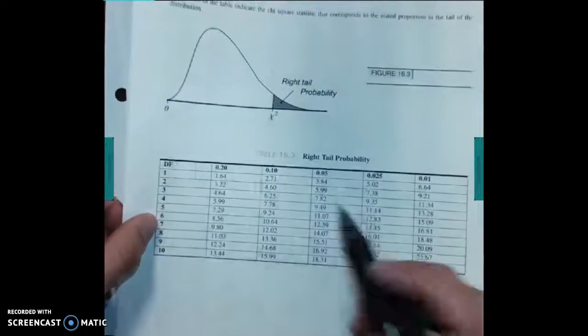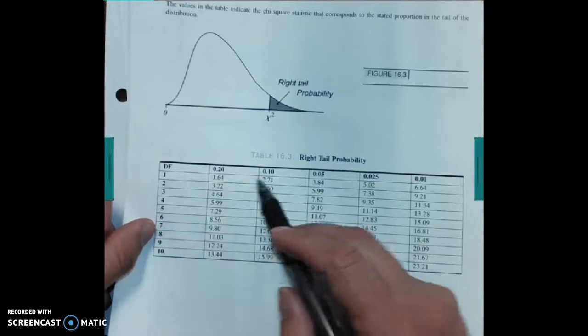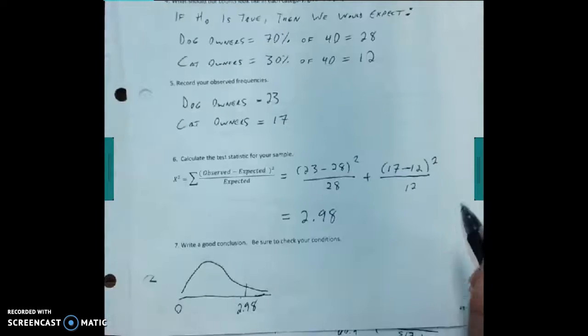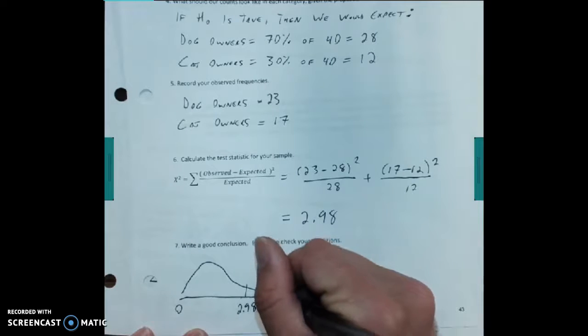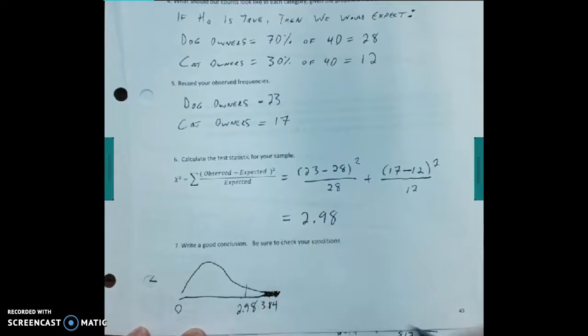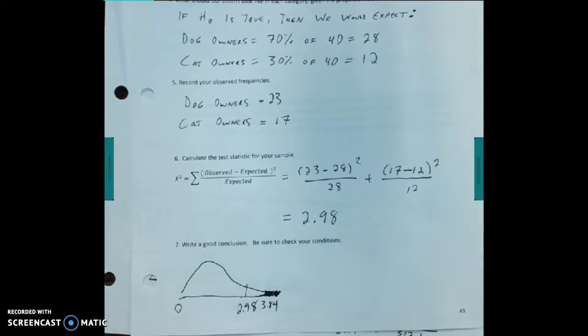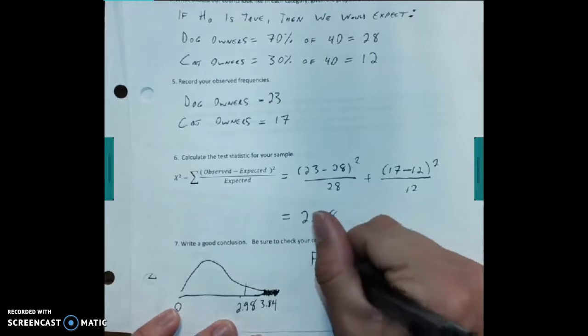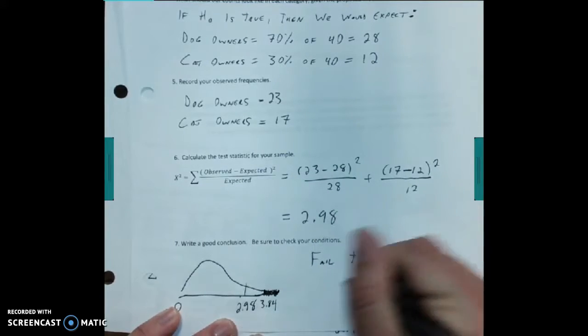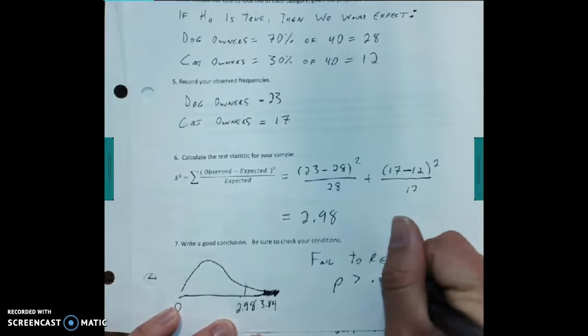Well, we said we had 1 degree of freedom, and we're always going to assume 0.05 unless we're told otherwise. So my critical value is 3.84, which is over here. In this case, we're not in the critical region. We would fail to reject, and we would say that the p-value is greater than 0.05.